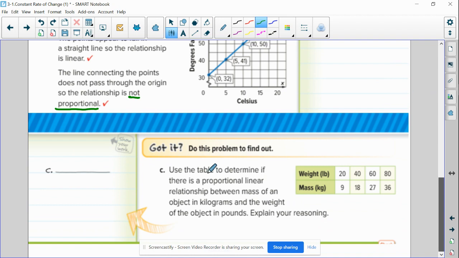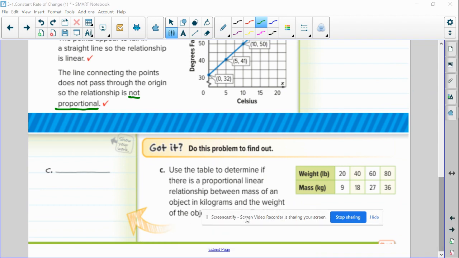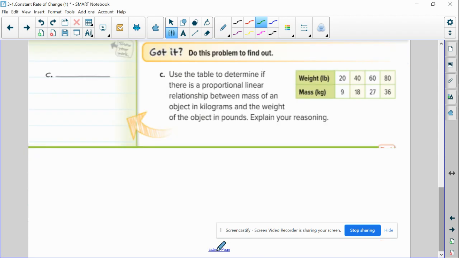All right, now on the next page we have a table. They want us to compare the mass in kilograms to the weight in pounds. So here's our y, here's our x. Each time I look, y increases by 9, and x increases by 20. So if I go backwards, what's 20 minus 20? 0.